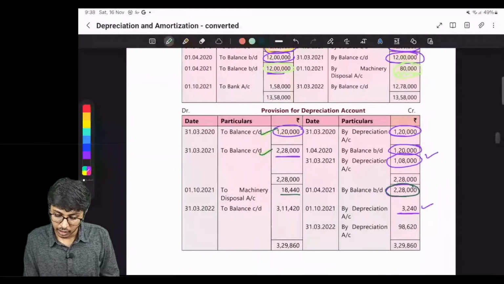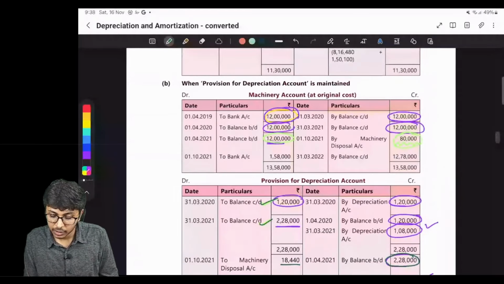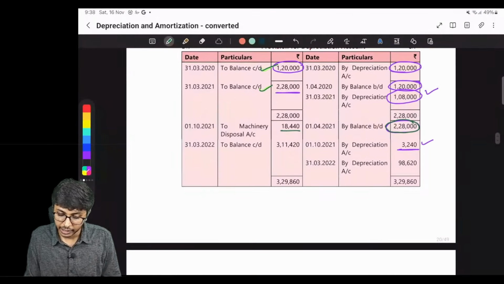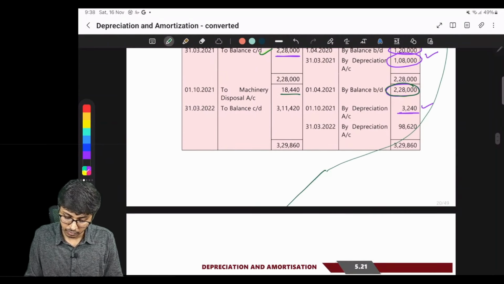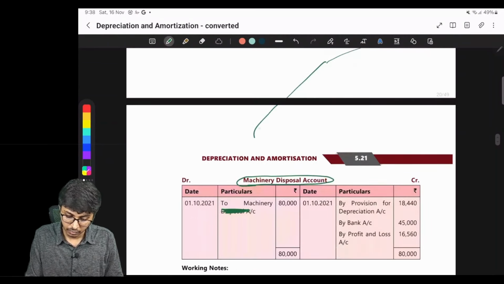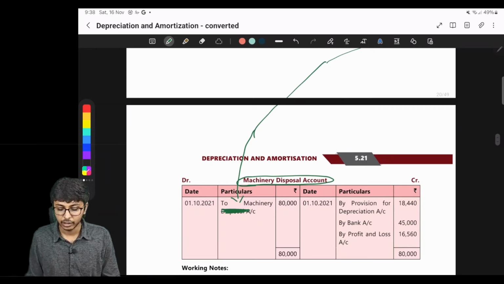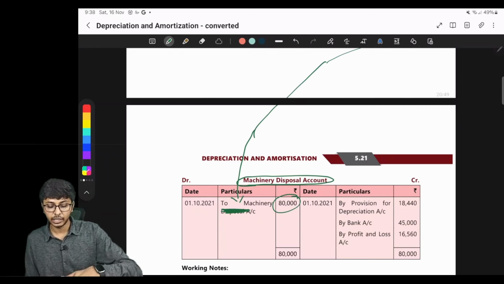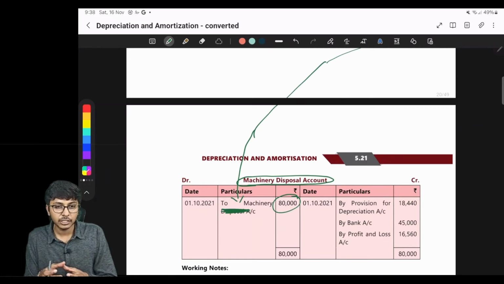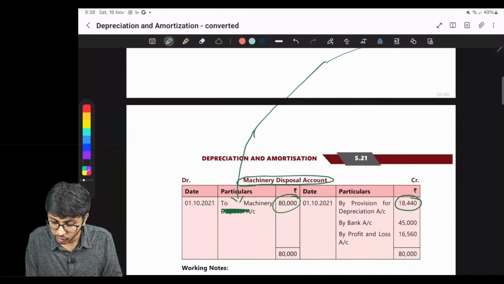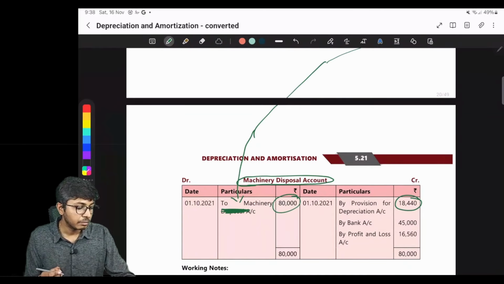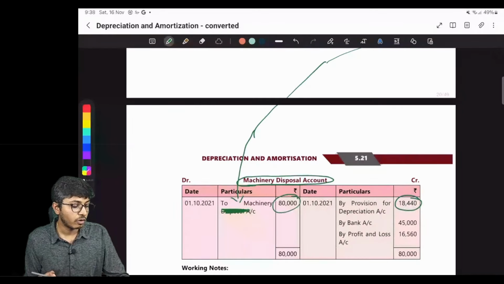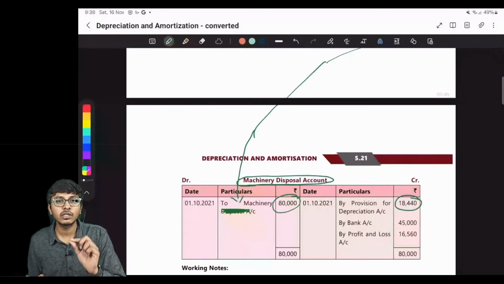I removed and sent it to machinery disposal: 80,000. Bring this 80,000 here. Then from provision for depreciation, how much did I bring? 18,440. So 80,000 minus 18,440, you should get 61,560 as the asset balance.